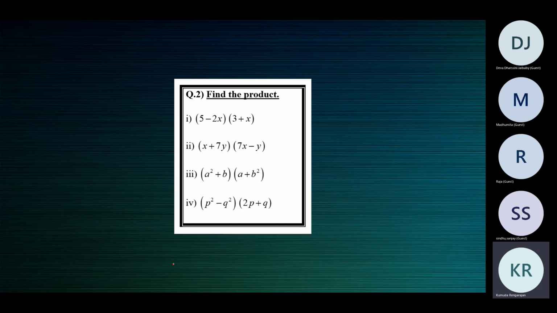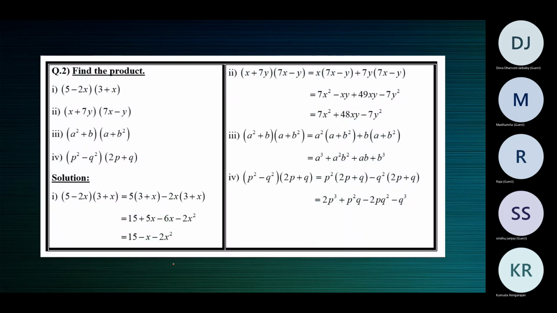Was this homework? Yes, ma'am. Check your answers. Please check your answers and ask me your questions if there's any variation between your answer and my answer.